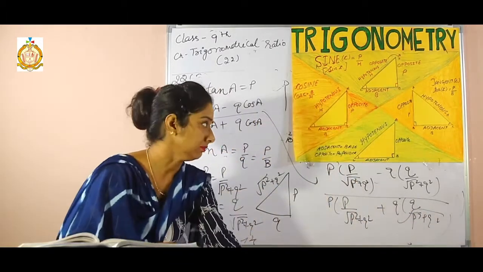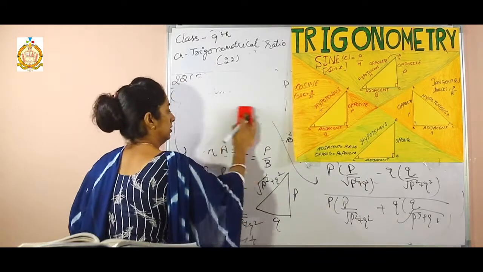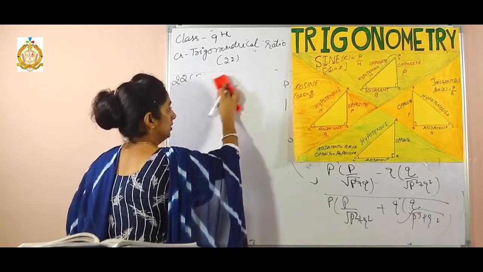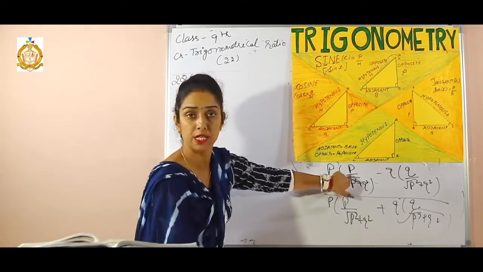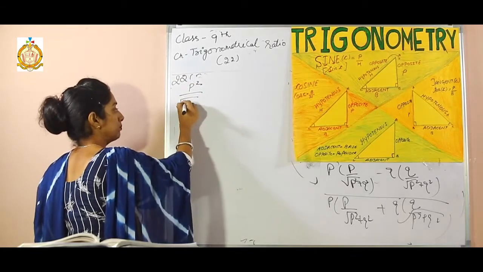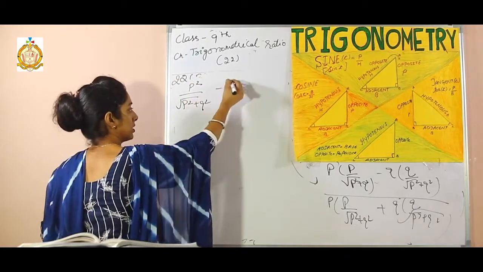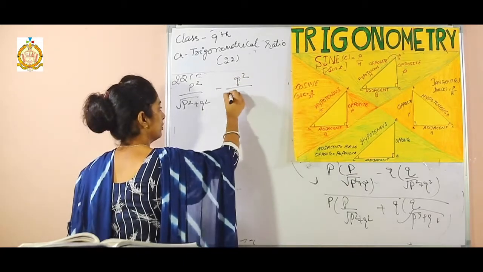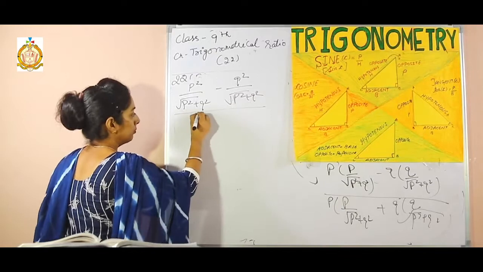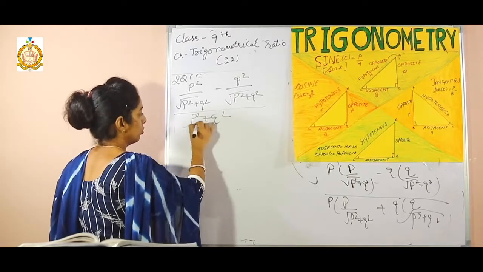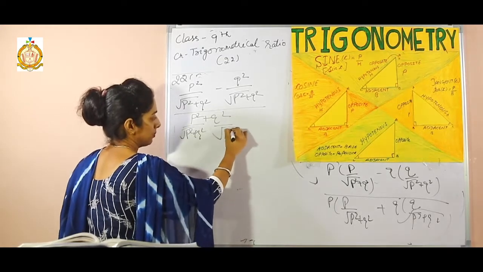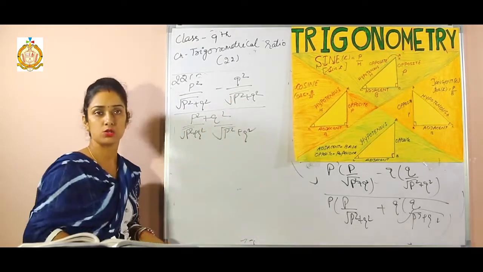Clear? Now see, P into P is P square over the square root of P square plus Q square, minus Q square over the square root of P square plus Q square, over P square over the square root of P square plus Q square plus Q square over the square root of P square plus Q square.